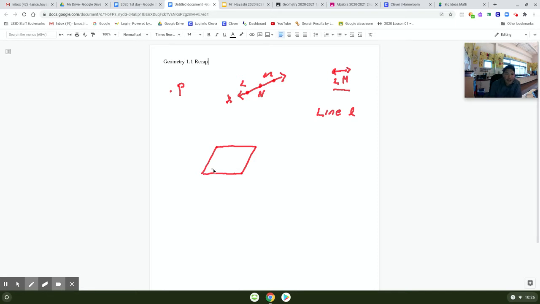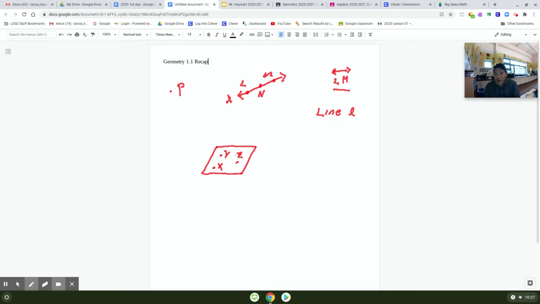Then one way that I can name a plane is by 3 what are called non-collinear points. Or you could also think about them as contact points on the plane, like X, Y, and Z. We'll talk a little more in a bit about why they have to be 3 non-collinear points.